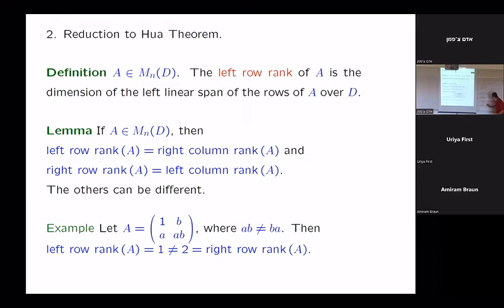Then you could always take B such that the rank of B is n minus k, and the rank of the sum is equal to the size, and then compute the determinant of A plus B. From one side, it is 0, right?